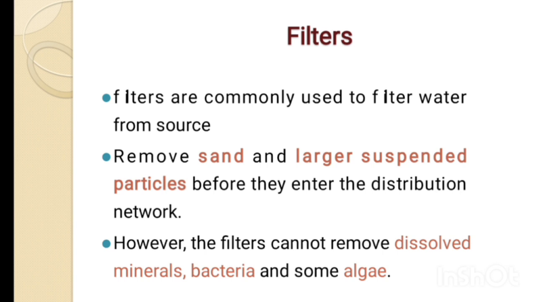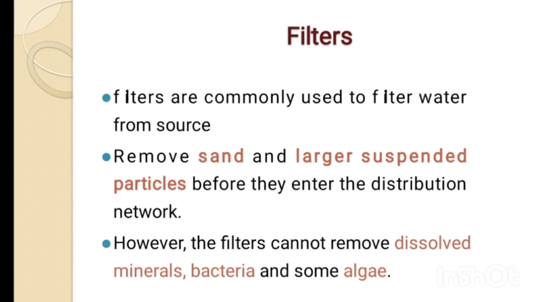Then filters. In micro irrigation system, filters are necessary components because the laterals have the two types of emitters we already saw. The holes in the emitters can easily be blocked. So the filters are used to remove sand and large suspended particles before they enter the distribution network.